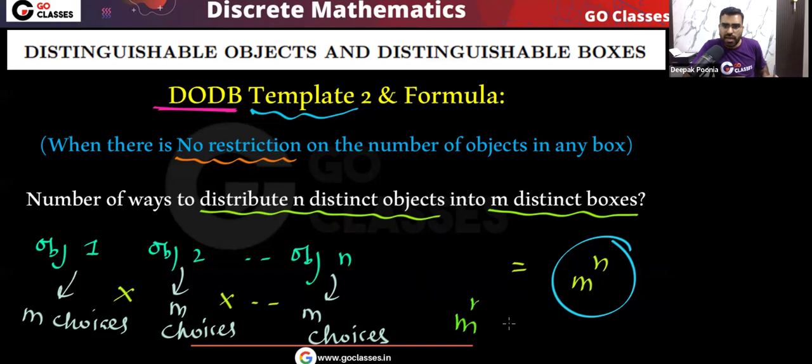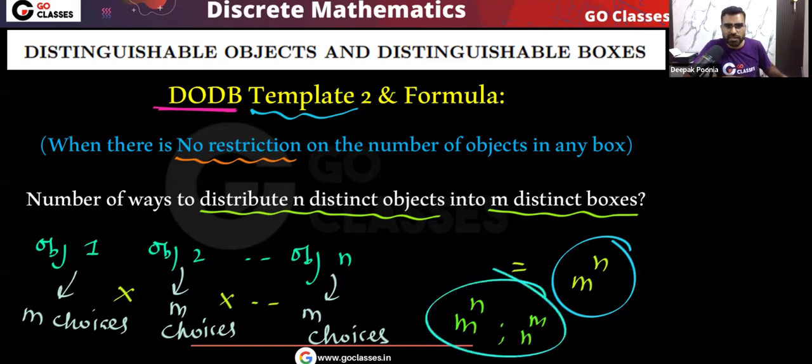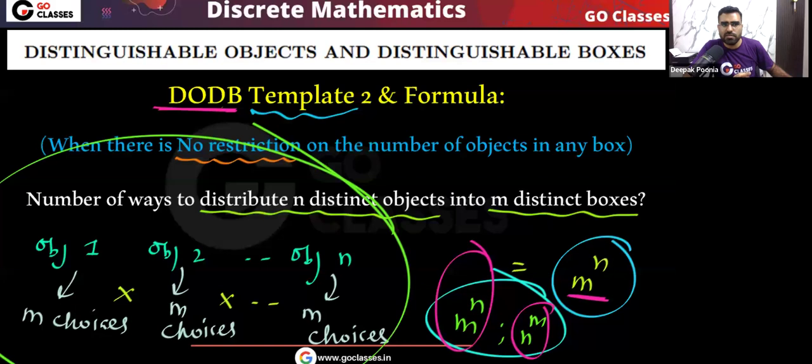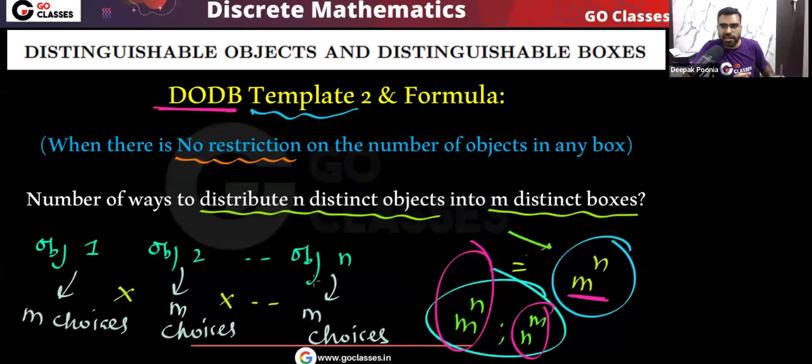Should the answer be m power n, or should the answer be n power m? There will be confusion. Do you agree with me? If you memorize this formula, then in the exam you will be confused. Was this the formula or was this the formula? That is the reason I am telling you to apply the product rule. That is the reason I told you the logic. I did not tell you the formula directly. I told you the logic. You just apply the logic and you can solve the question very easily.